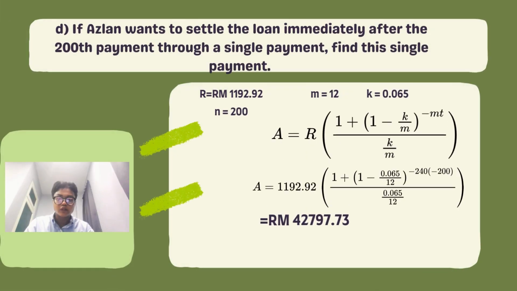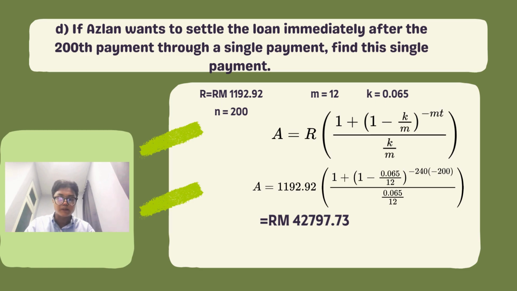If Azlan wants to settle the loan immediately after the 200th payment through a single payment, find the single payment. From this question we have to use the present value formula again. A equals R bracket 1 plus 1 minus K over M to the power minus MT divided by K over M. R is 11,092 ringgit 92 cents.